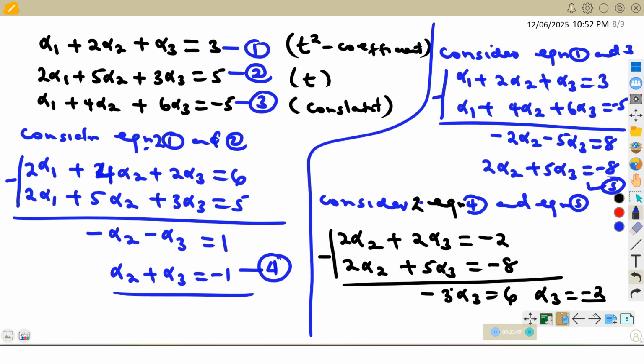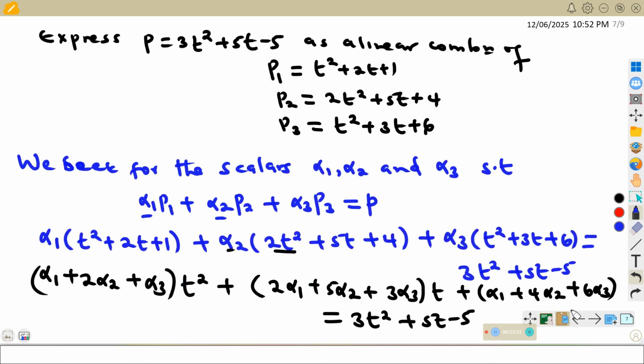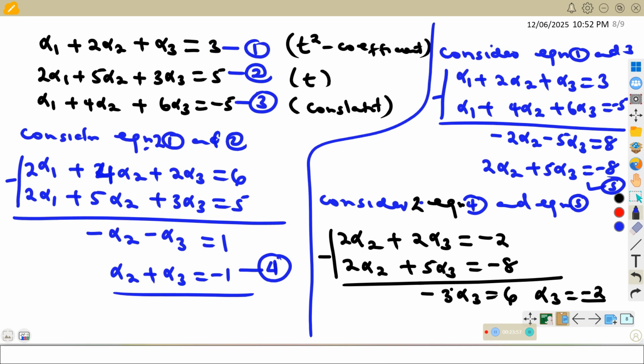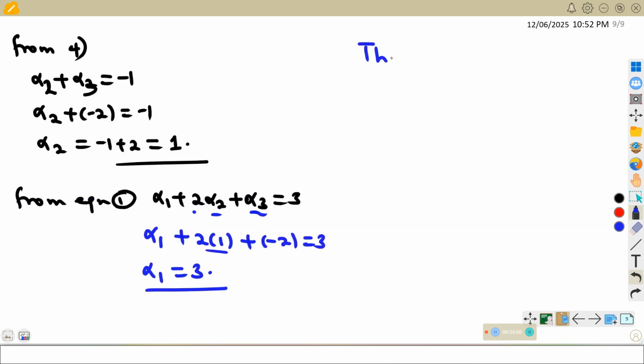So let us now write P as a linear combination of P1, P2, and P3. Thus we shall have P as alpha 1, which is 3, into P1, plus alpha 2, which is 1, into P2, plus alpha 3, which is negative 2, into P3.